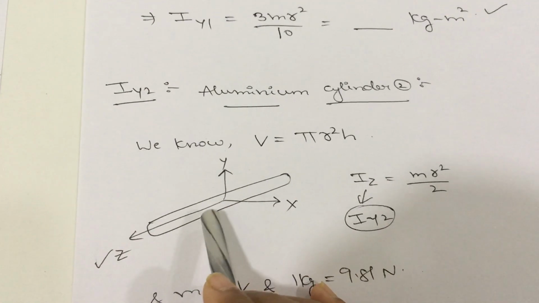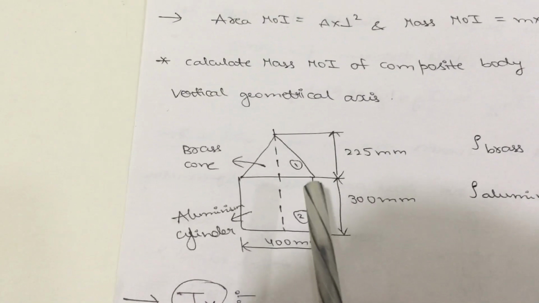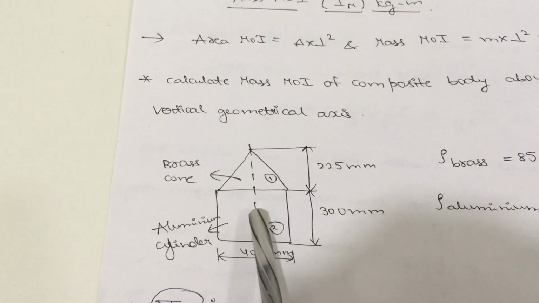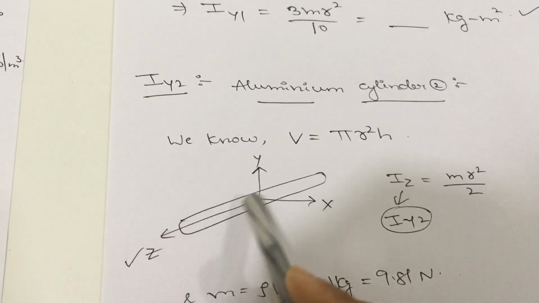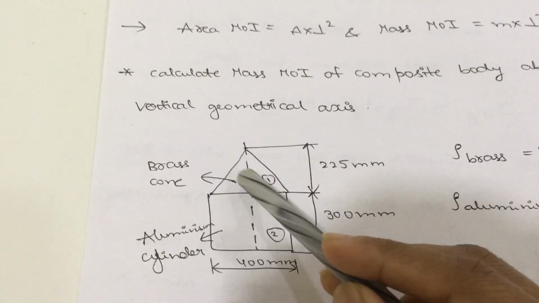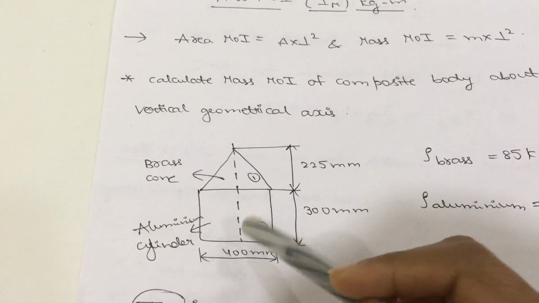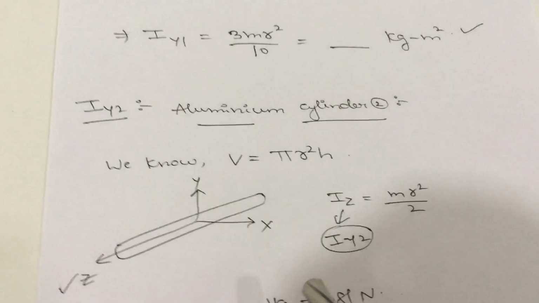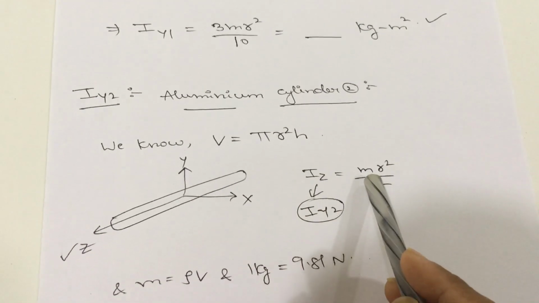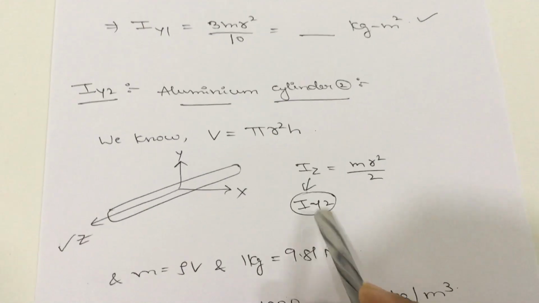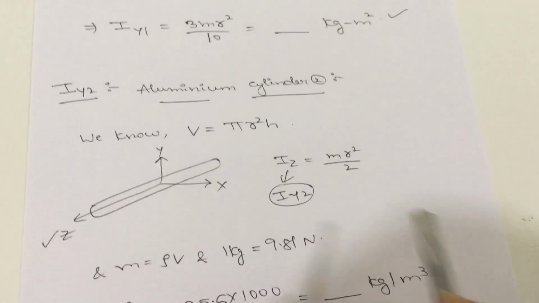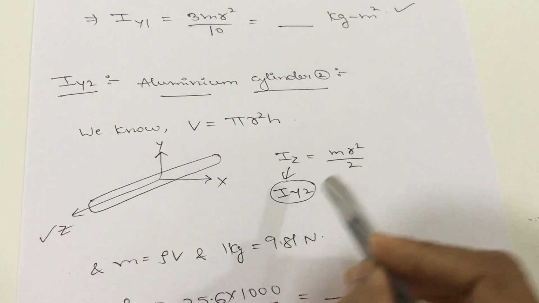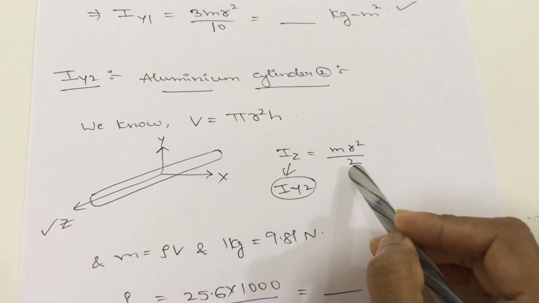Now observe this default diagram with our problem diagram which is given in the question. Here, the z-axis in the default diagram is nothing but the y-axis in our problem diagram. That is nothing but Iz formula is nothing but the Iy formula for our aluminium cylinder which is given in the question. So the Iy formula for our problem will be m r square by 2.